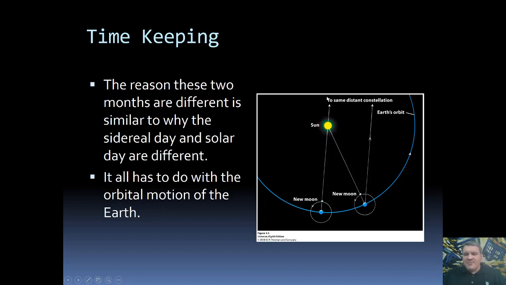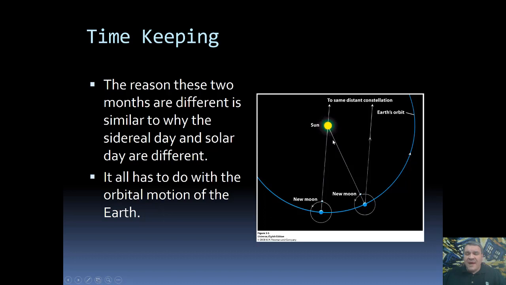So for the moon to get back into the same constellation, so let's say the constellation Scorpius is out in this direction, for the moon to get back in line with Scorpius, it only has to get back to the same place in its orbit. In other words, it only has to complete a full 360-degree circle. That is it. Then it's lined back up with the stars.